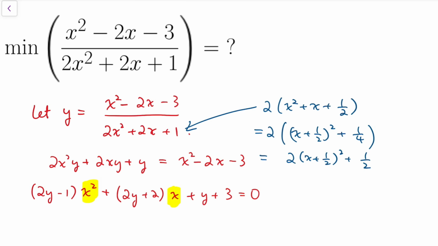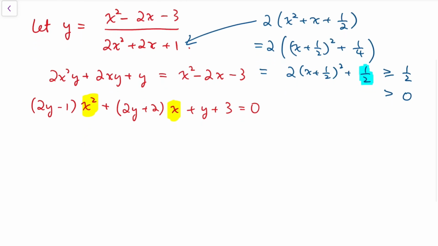So we can see that it can never be equal to 0, because the minimum value of the denominator would be the term after the perfect square, which is 1/2. So it's always at least 1/2 and hence larger than 0.